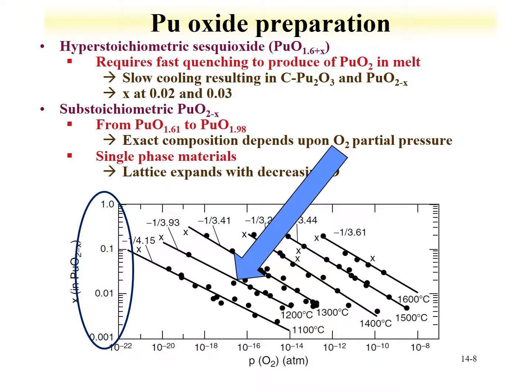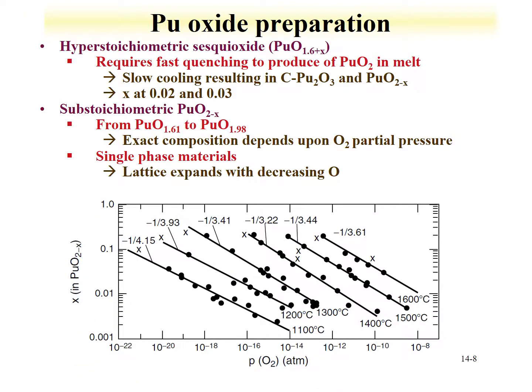And the oxygen partial pressure shown here goes from 10 to the negative 8 all the way to 10 to the minus 22. You can use this as a guide, depending upon what temperature you'd want to produce the oxides at, as a way of tuning the exact composition of your plutonium material. Very similar to what we observed already with the uranium system.